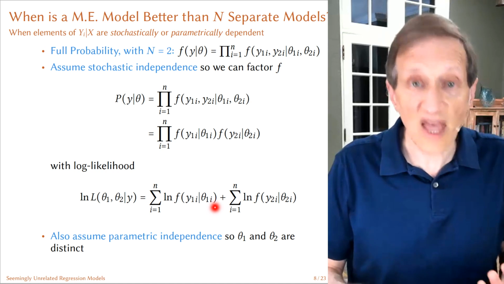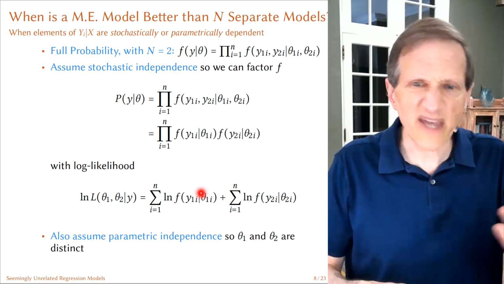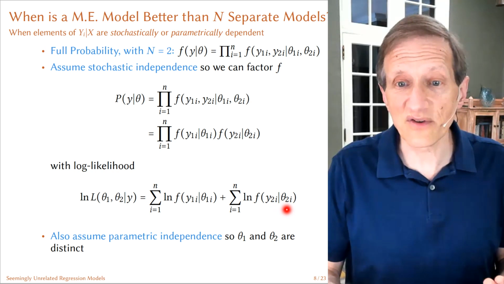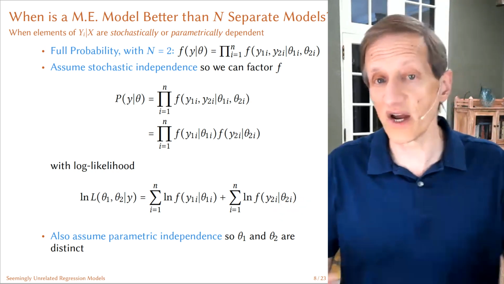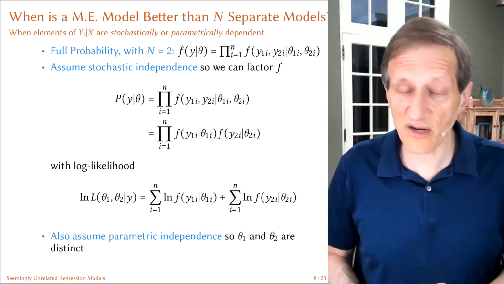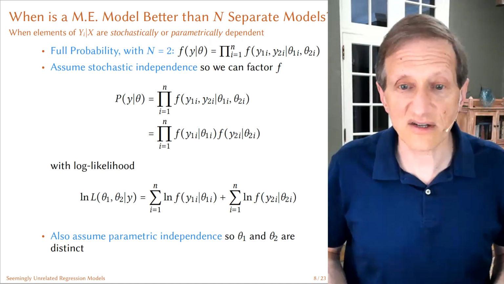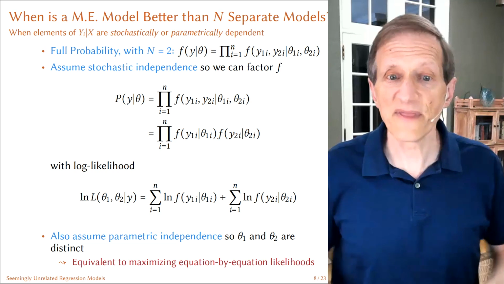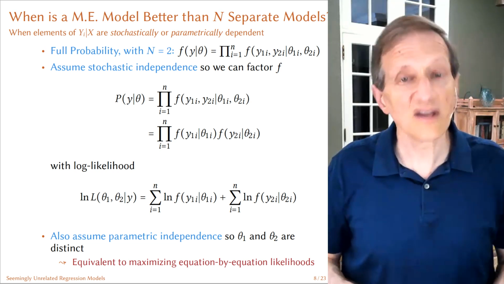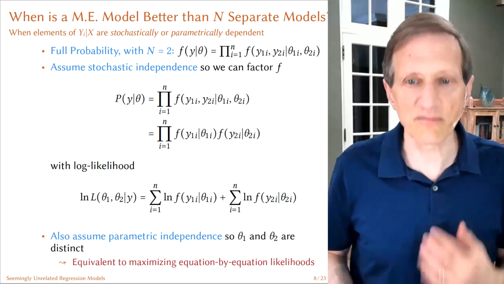But we might want to say that beta 3, the third element of this, is equal to the third element of this, right? If we assume that away, and assume parametric independence in addition to the stochastic independence, then running a multiple equation model is equivalent to maximizing separate equation by equation models.